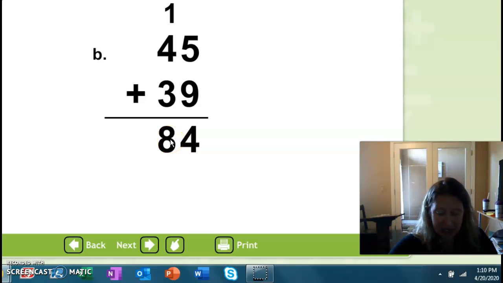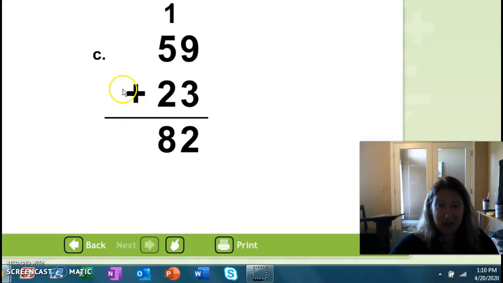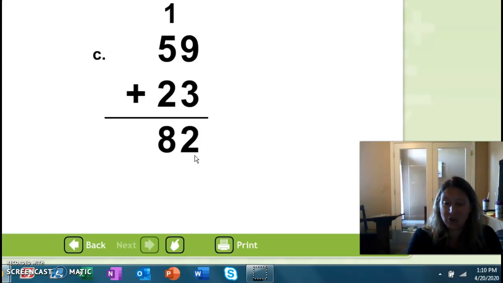Go ahead and touch problem C. Go ahead and work the problem for C, and then I'll press pause. When you're ready to move on, press play, and I'll show you the answer. Okay, and here's the answer. You should have gotten 82 as your answer, 82.